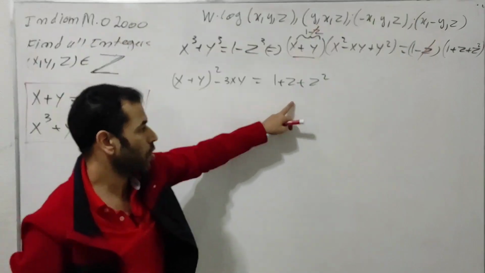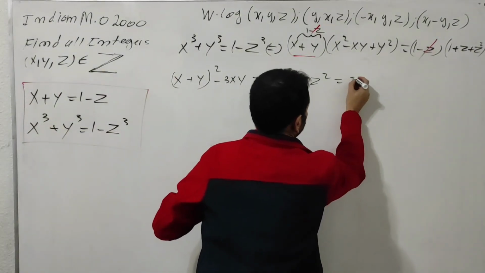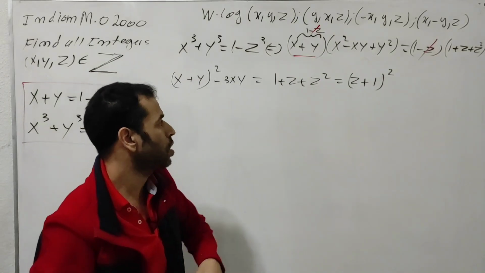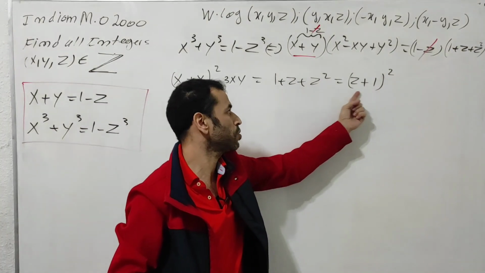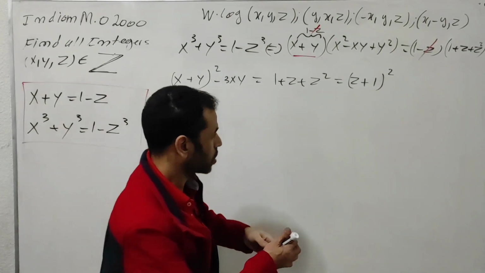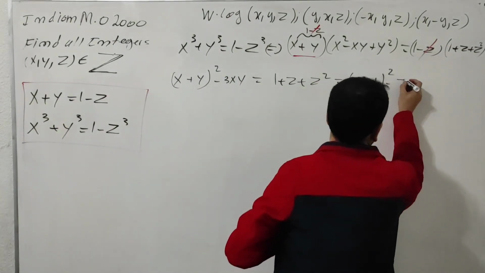I'm going to rewrite this one as well: z plus 1 quantity squared. If I distribute this, it gives me z squared plus 2z plus 1, but I have only one z here, which means I'm going to put minus z.